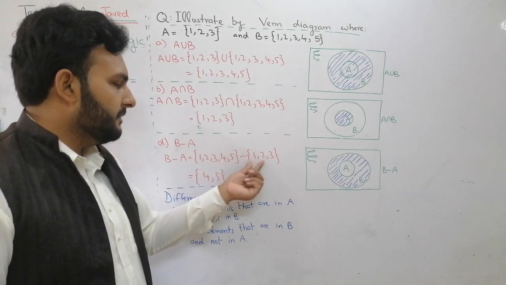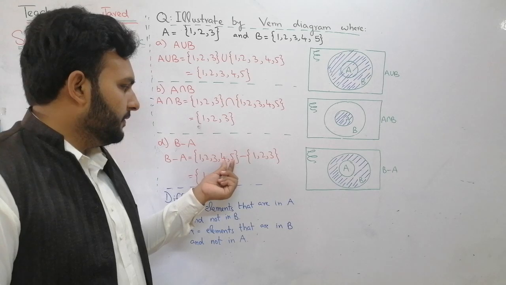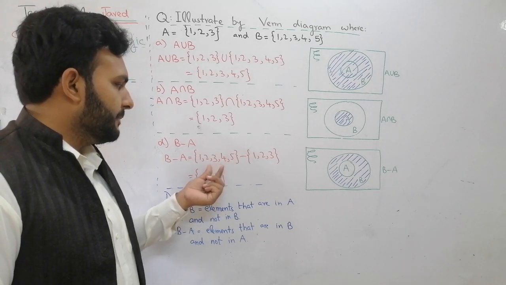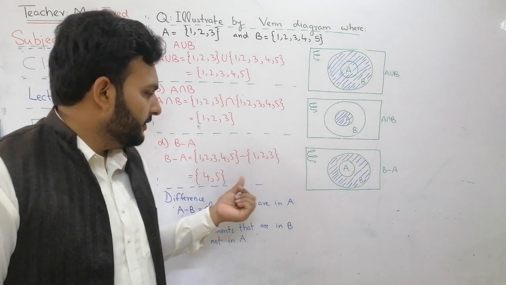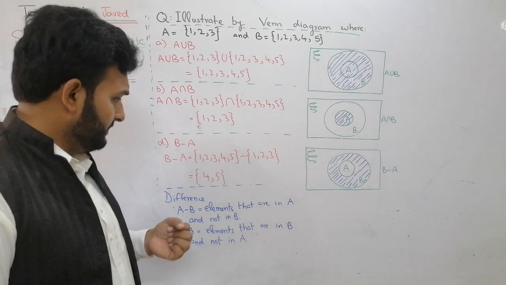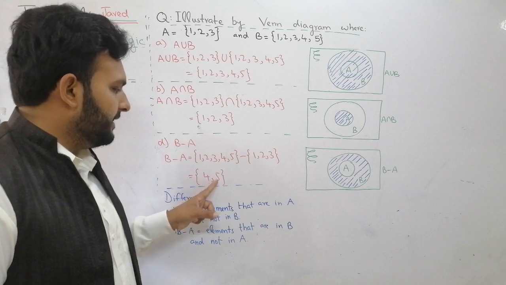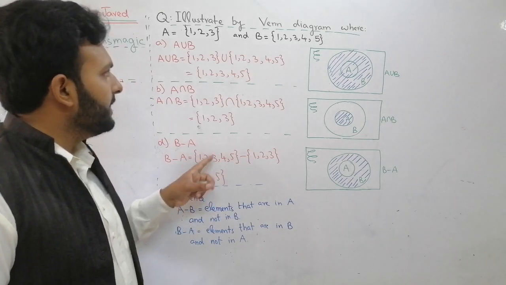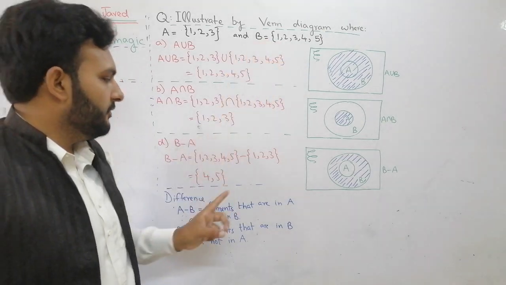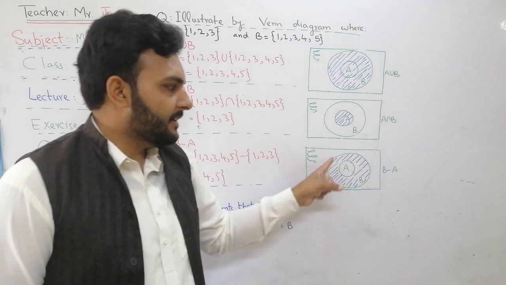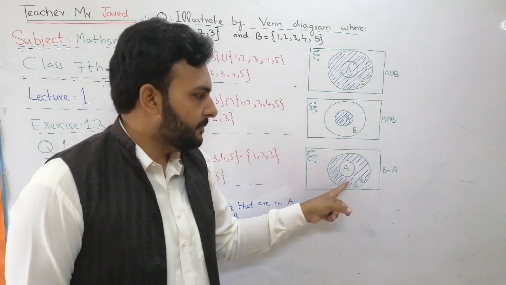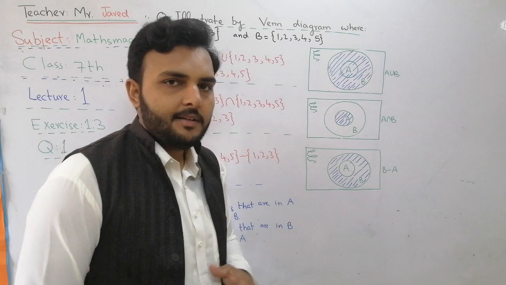So 1, 2, 3 and 1, 2, 3 will be cancelled, and 4 and 5 are the elements that are present in B but not in A. So that will be the answer. Clear? So for B difference A, 4 and 5 are the elements of B. So set B will come. We will shade set B and set A will remain as it is.